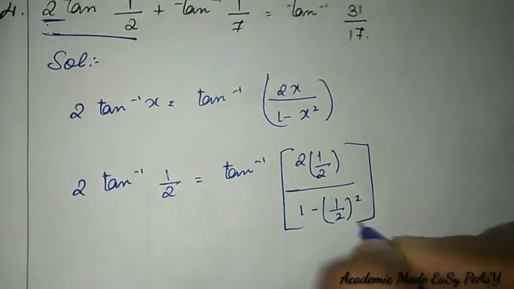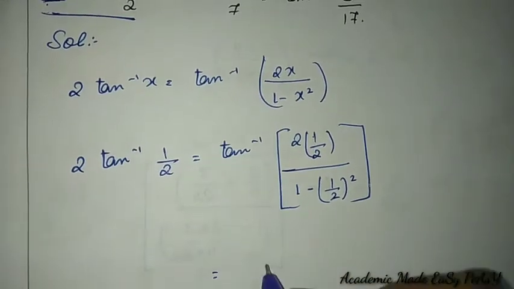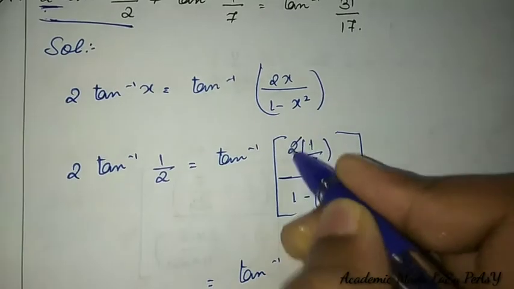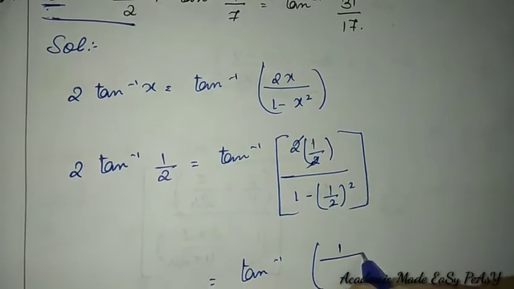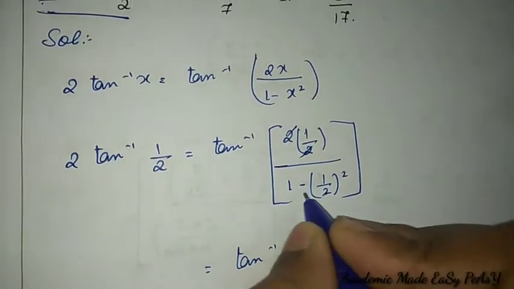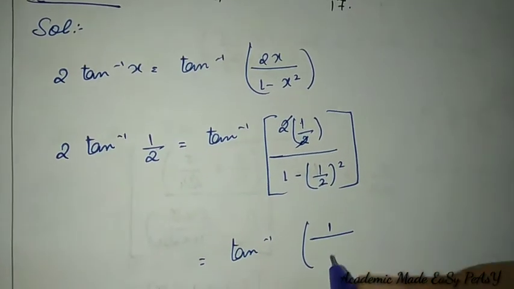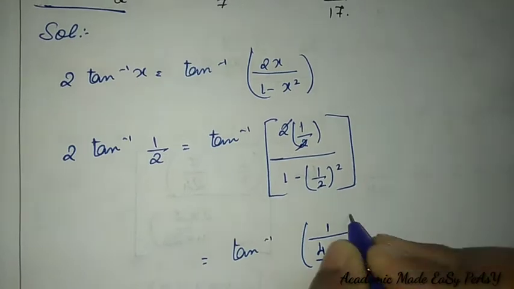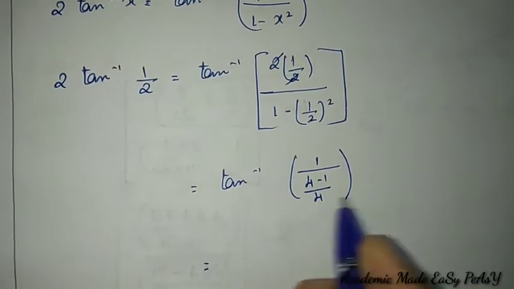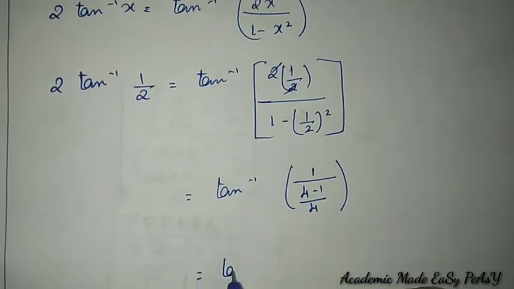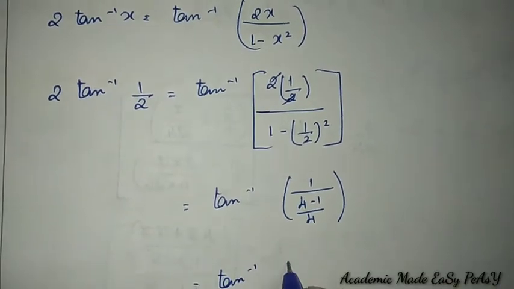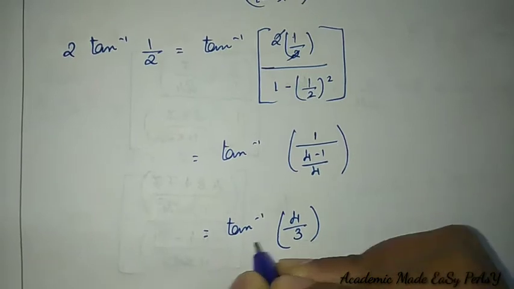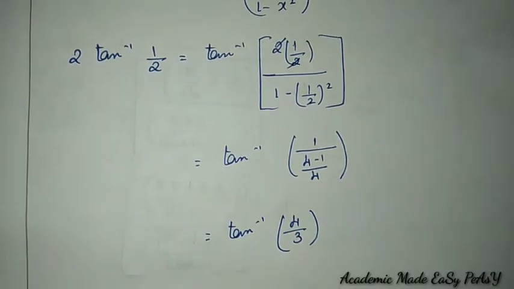So this will be my formula. So here next I will have tan inverse. So this 2 and 2 will get cancelled. So 1 upon, if I take LCM here, I will have (4 minus 1) by 4. So now I will be taking reciprocal. So I will have tan inverse of 4 by 3. So this is my answer for 2 tan inverse 1 by 2.